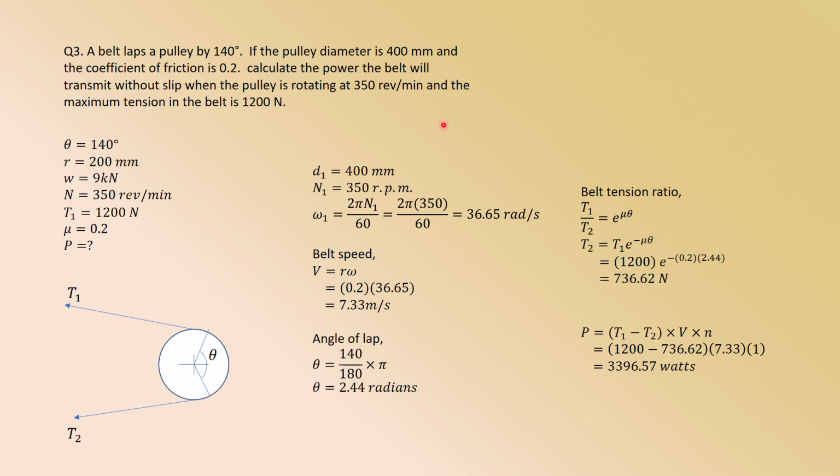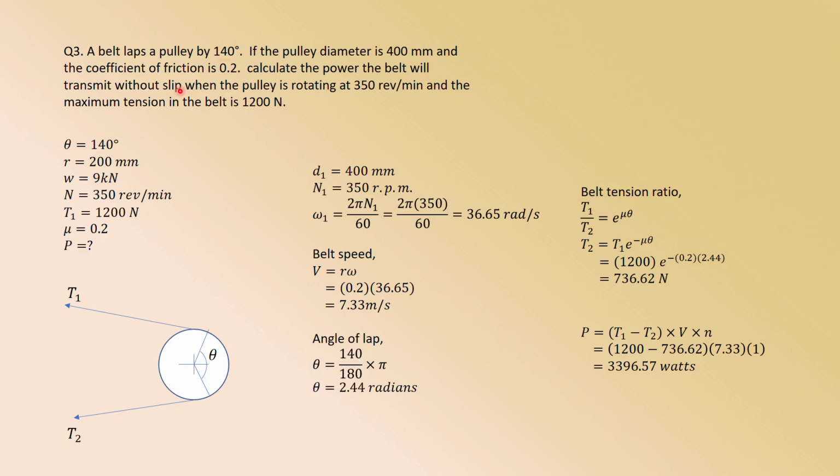Now question 3. A belt laps a pulley by 140 degrees. So this is the angle of wrap, again converted to radians, the first thing you must do. The pulley diameter is 400 mm, so the radius is 0.2 meter, and the coefficient of friction is 0.2. Calculate the power the belt will transmit without slip.